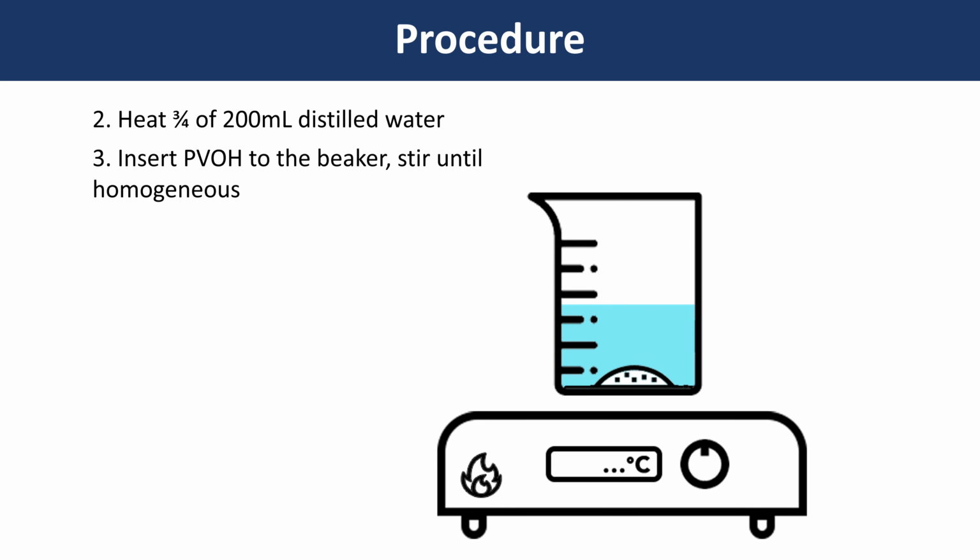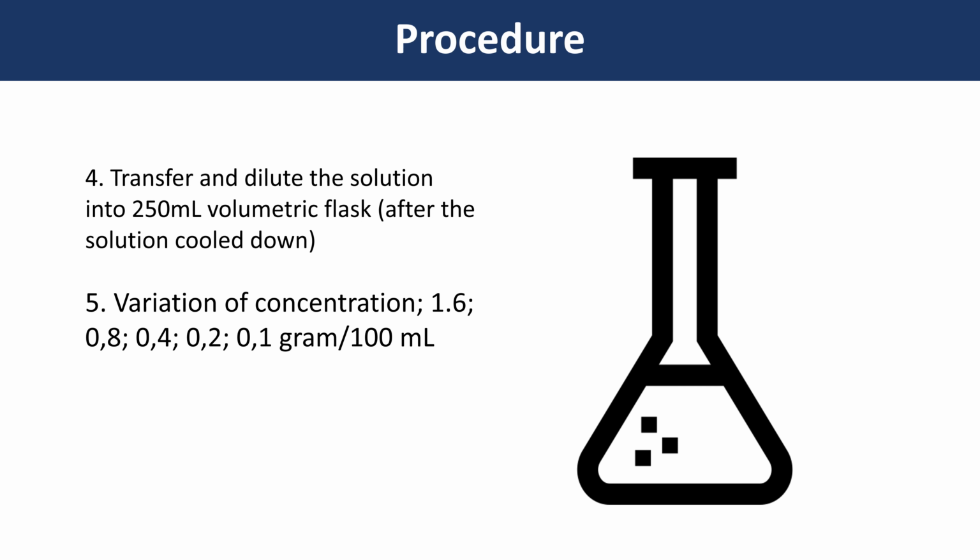Then insert the PVA into it and stir until it becomes homogeneous. After the PVA is diluted in the beaker, cool down this mixture by flowing it under the tap water. And don't forget to make sure the tap water doesn't fall into this beaker.